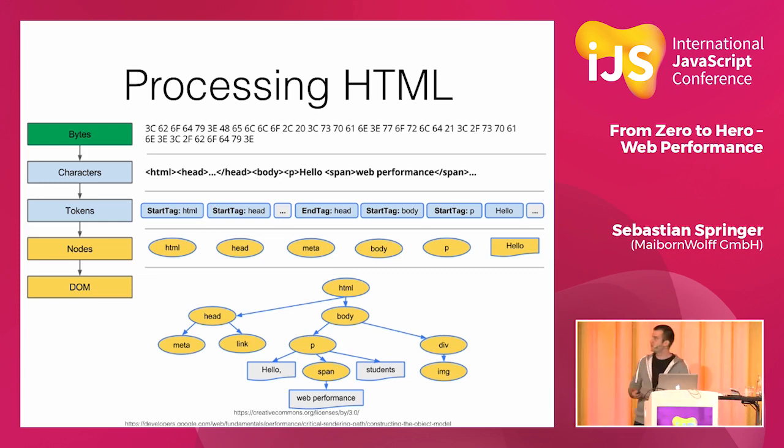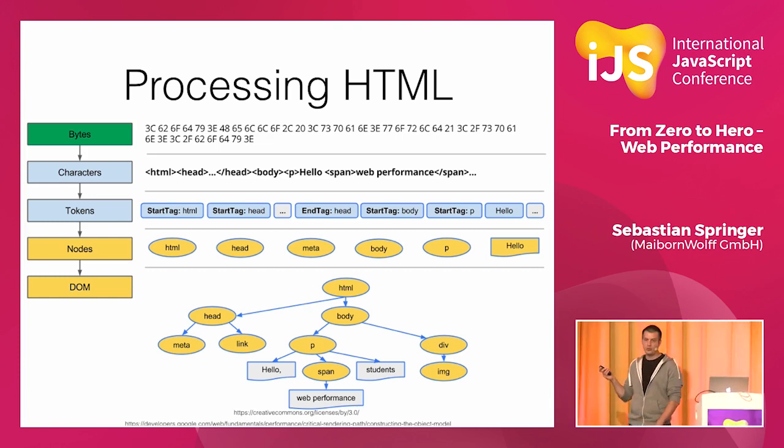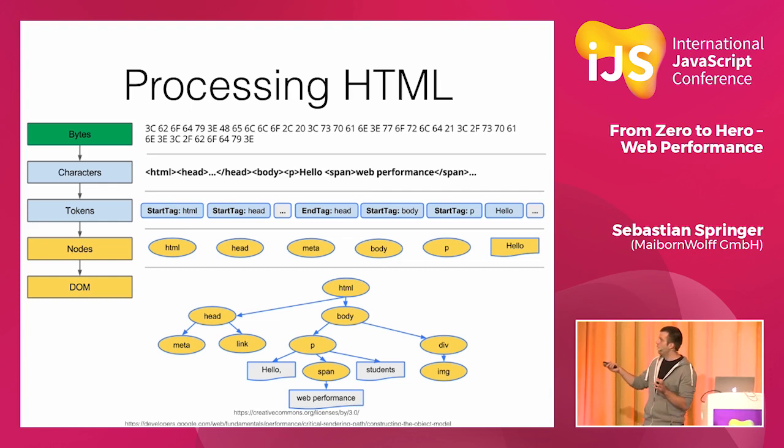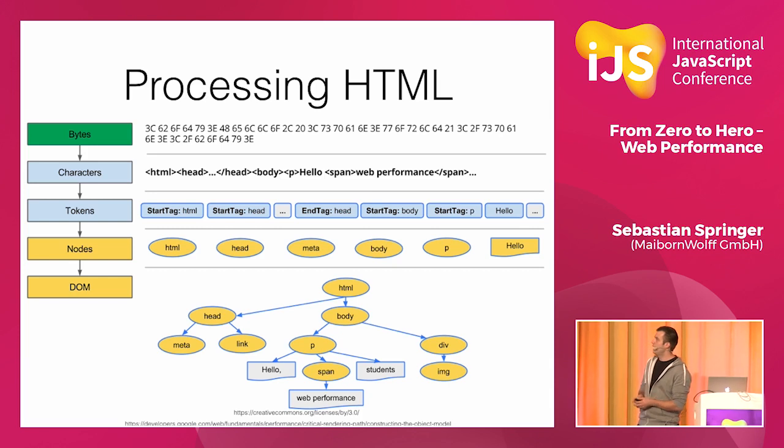For everyone else, first of all, our browser, our client, and our server are machines, and they are communicating with bits and bytes. So the first representation of your web application or web page is a stream of bytes. If you present this to your user, they will simply walk away. Then your browser needs to get the structure out of this byte stream and transform it into some characters, which is plain text.